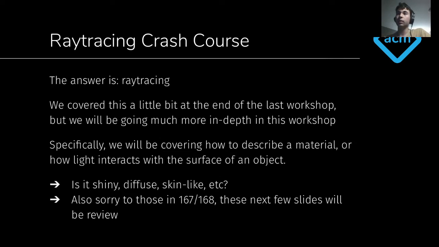And then also, some of the workshop's going to be kind of review of CC 167 and 168. Given the usual attendance, I know many people probably haven't taken those courses. But if anyone's watching this recording, some of this is going to be a review, especially if you take 168. But I think towards the end, there'll be a few new concepts.